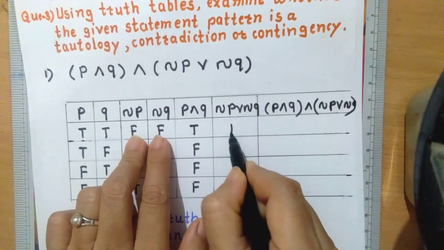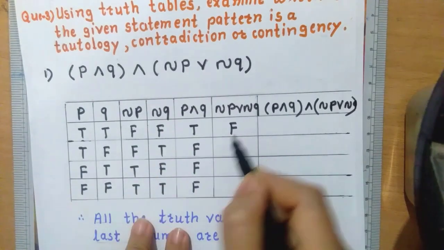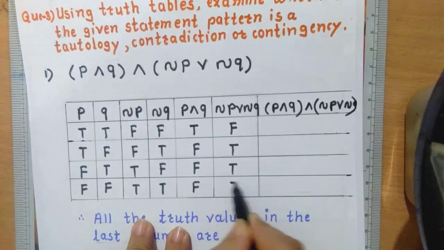So F, F, then F. Again check. So the rest write down T.